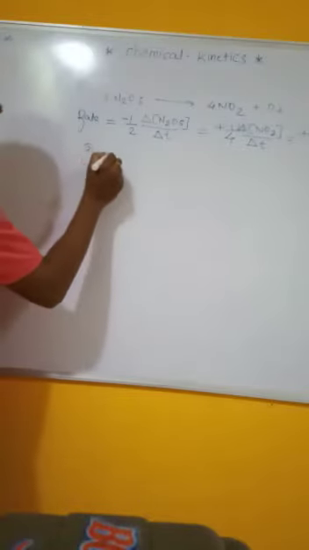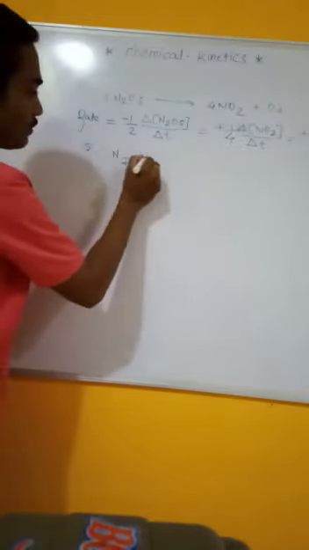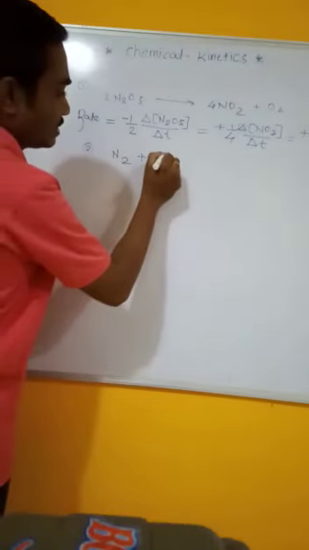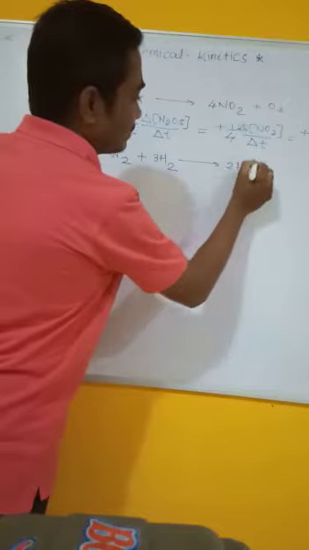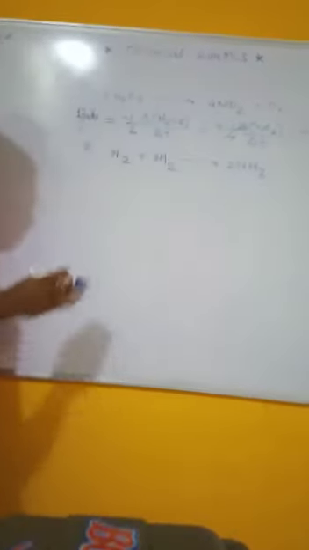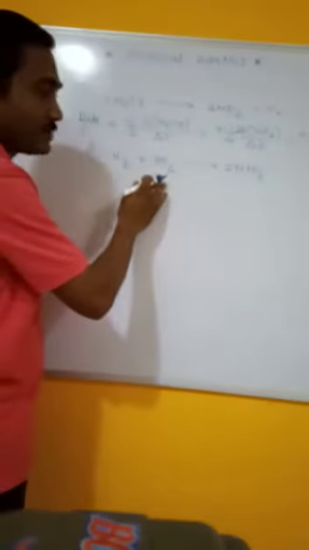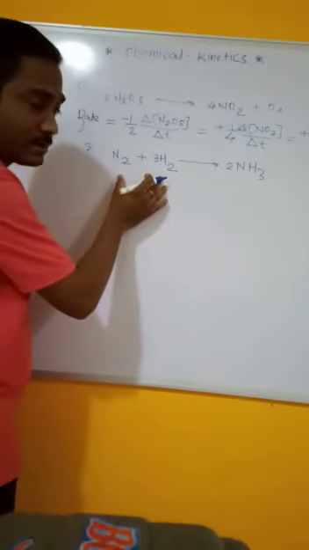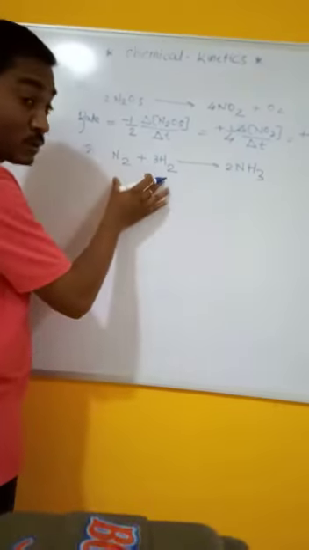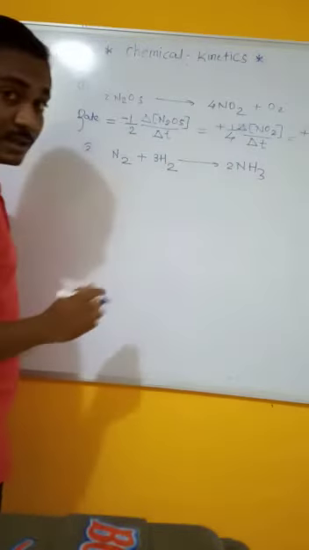This is the rate of reaction for the above chemical reaction. Now the next example is N2 plus thrice H2 changes to twice NH3. Here nitrogen gas, when combined with hydrogen, gives ammonia. Here there are two types of reactant and one type of product.